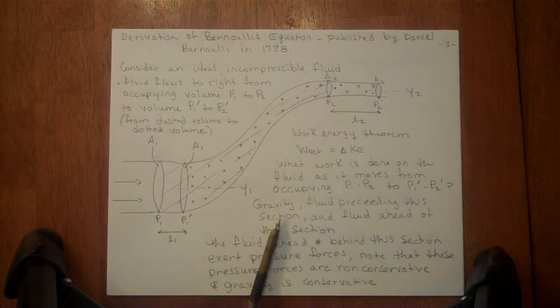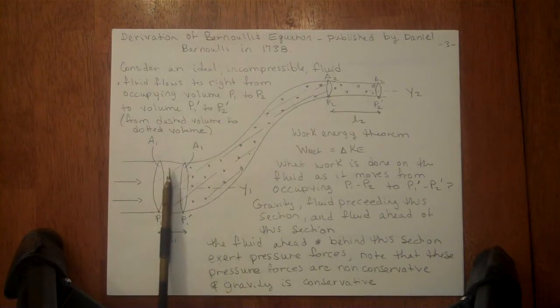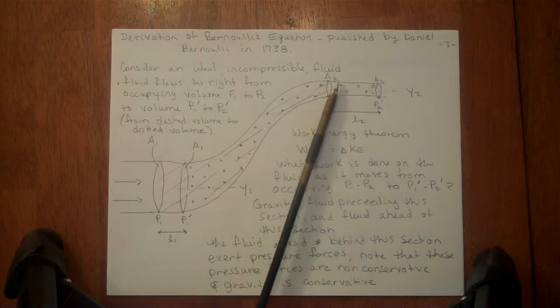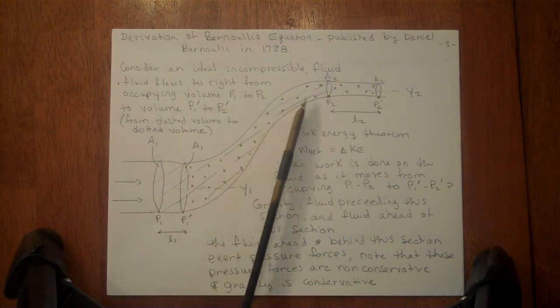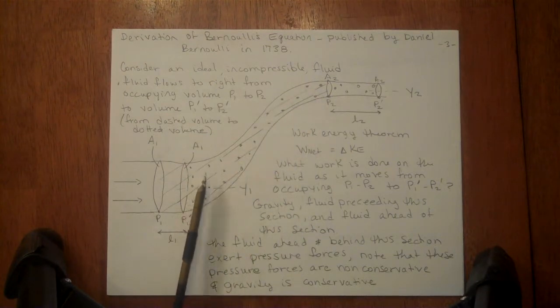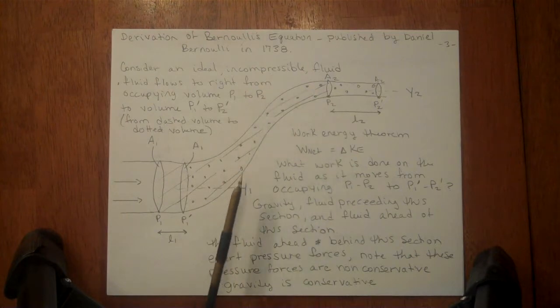Well, we know for sure gravity is acting as we are moving the fluid contained in this volume right here all the way up to this volume right here. Notice that this middle section right here doesn't change height at all. But anyway, we are lifting the fluid from Y1 to Y2.